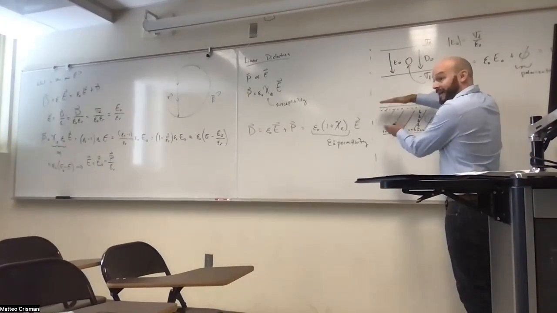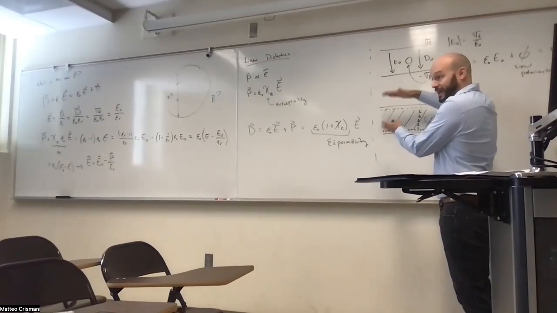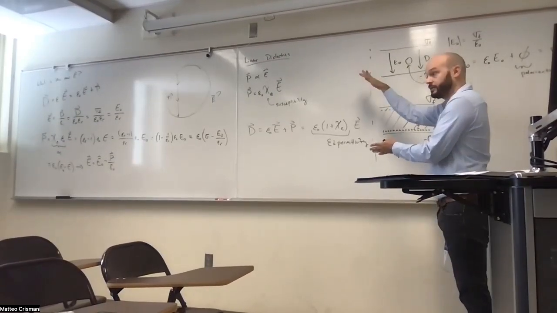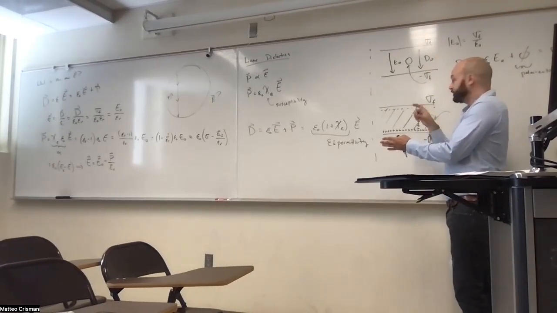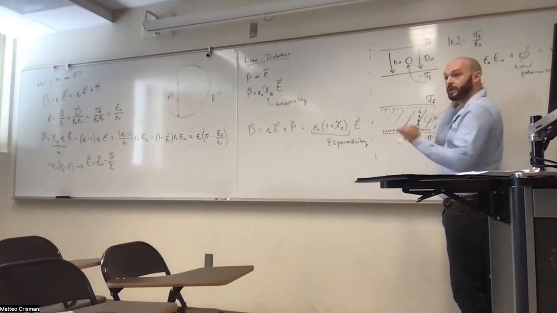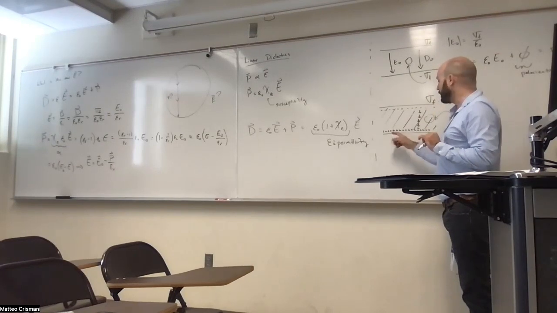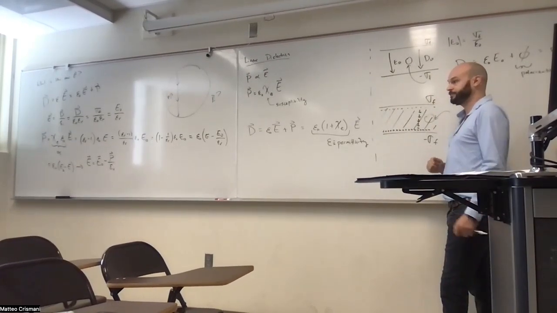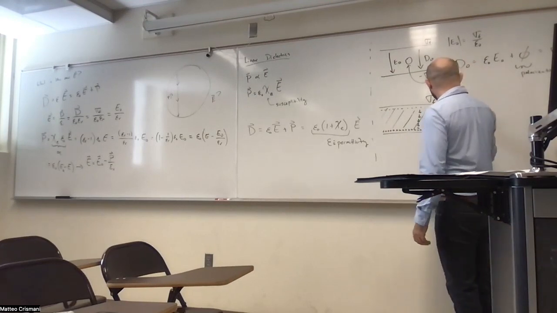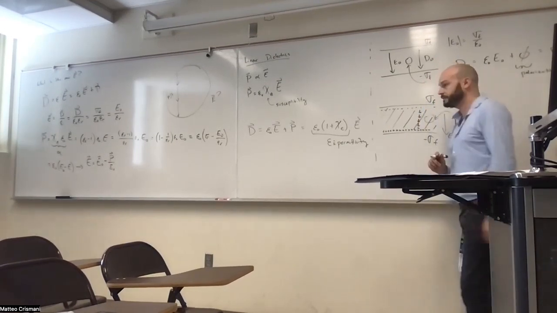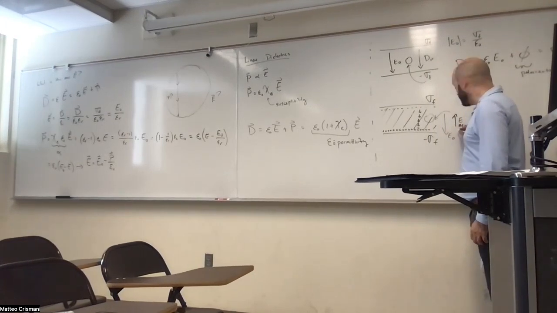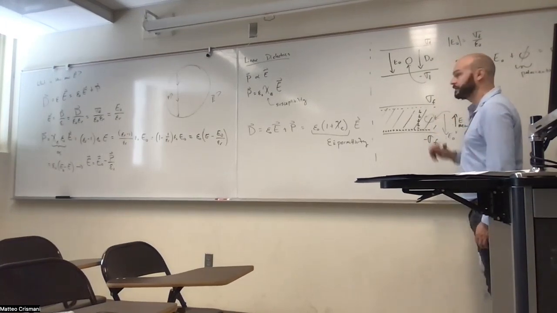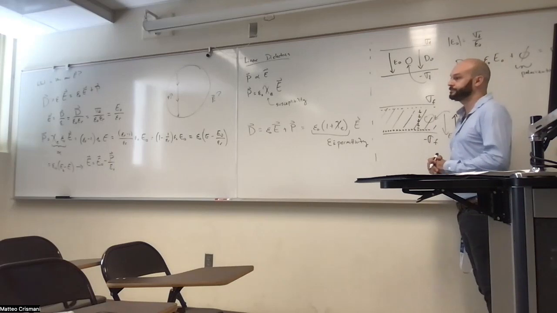If I somehow had that material with that bound surface charge, ignoring the fact that it's a polarized medium, just looking at this medium and ignoring the parallel plates, I would say, oh, this would build an E field that goes in the opposite direction. And so this E field, new, and this E field, old, would be added together in this region here, and it would be less.